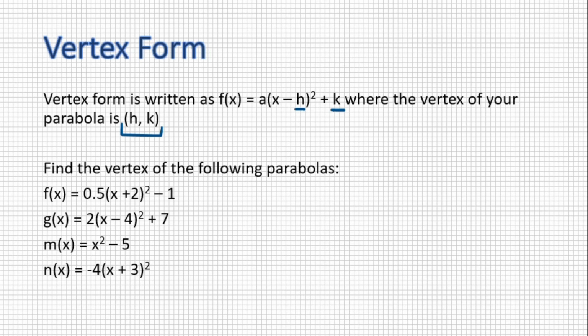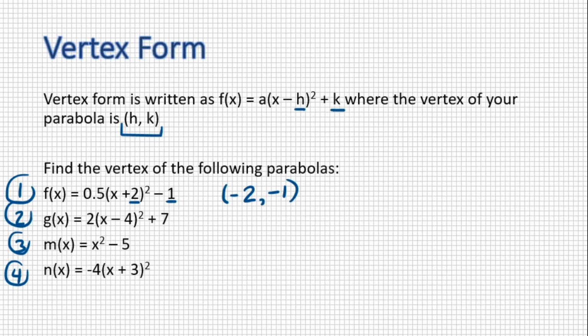So 4 quick examples, just to get how that plays out when you're looking at equations. For example 1, h is positive, so h must have been -2. K, you don't have to mess with the sign. So the vertex of f of x is (-2, -1).